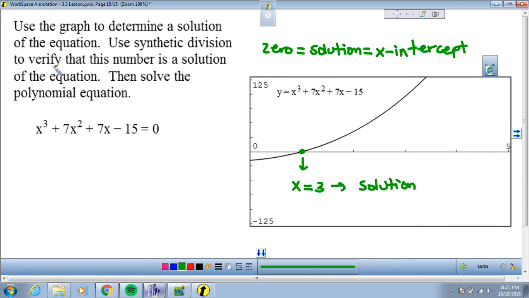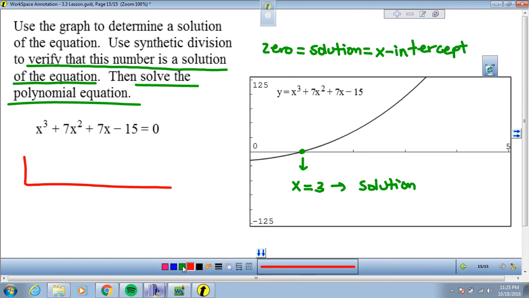It says, verify that this number is a solution of the equation, then solve the polynomial. Basically, they're asking us to do what we did. How are you going to verify that it's a solution? Do a synthetic division. Put that 3 on the outside, and then copy the coefficients of this polynomial: 1, 7, 7, negative 15. All the exponents are the way they're supposed to be.